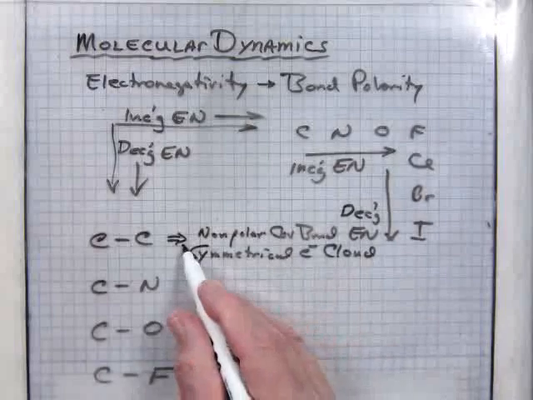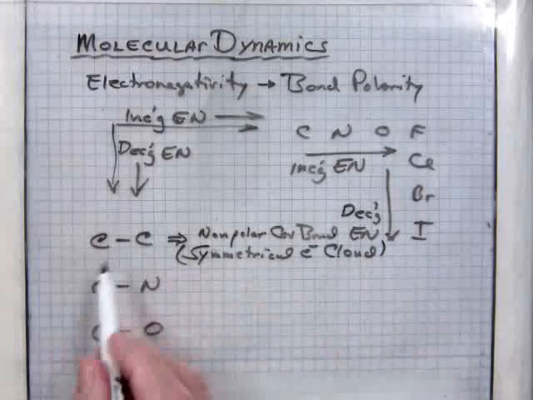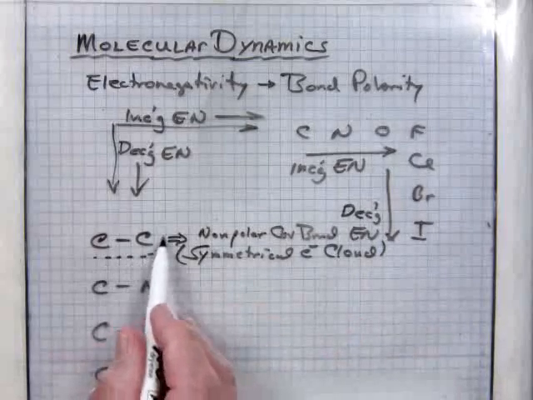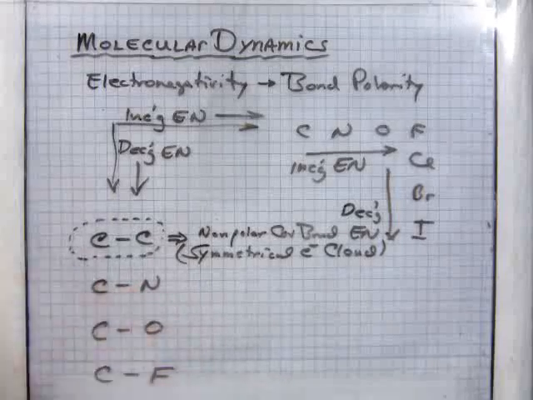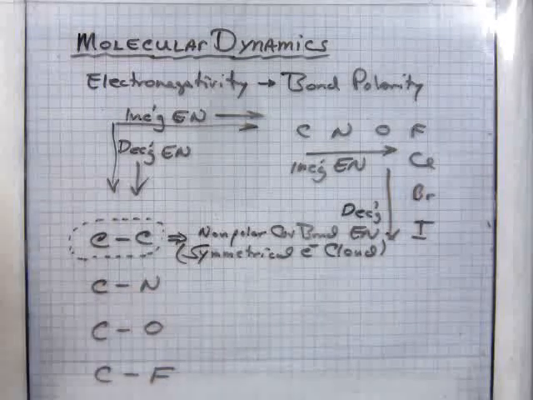That means the distribution of charge is even all the way around. There's no greater amount of charge around one of the carbons or the other, and because of equal electronegativity, neither one is influencing the other.